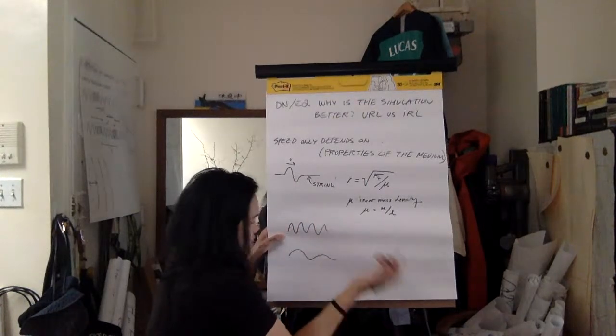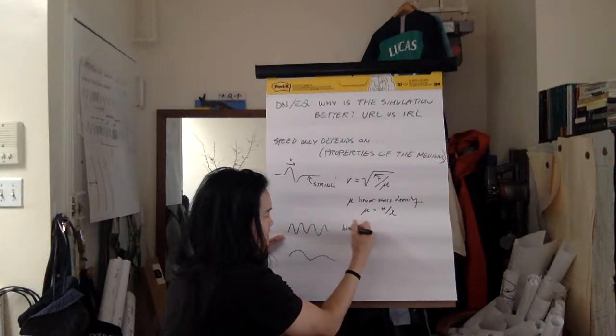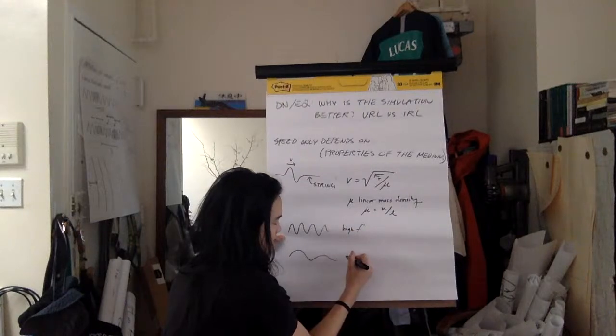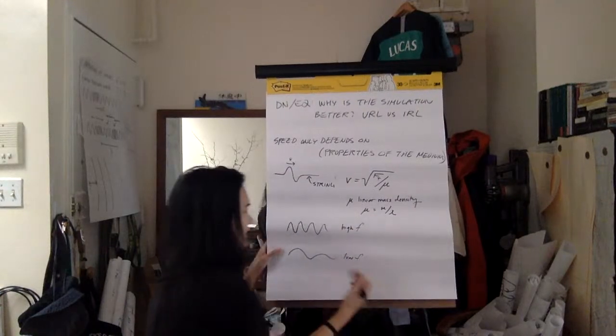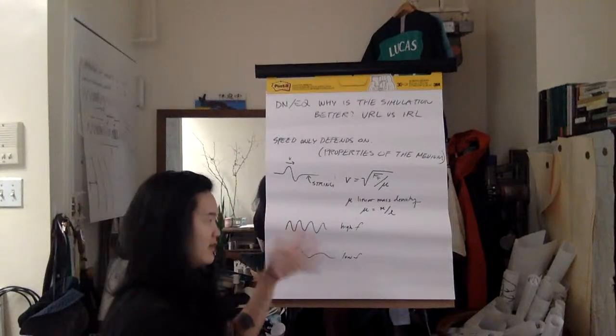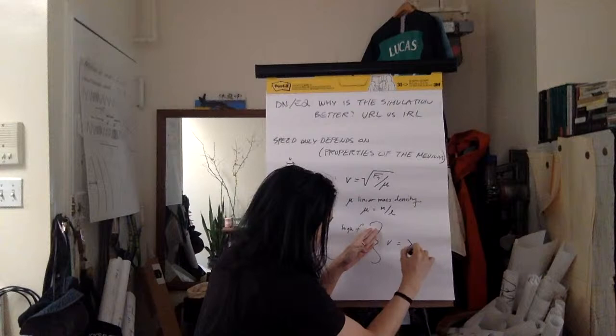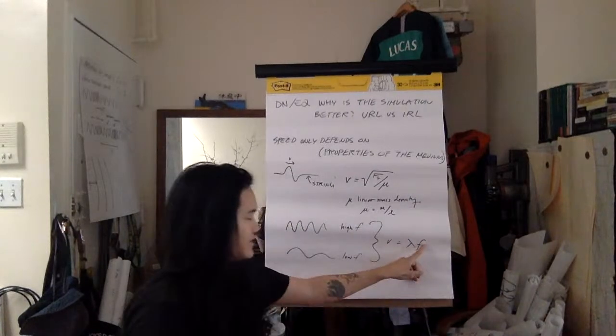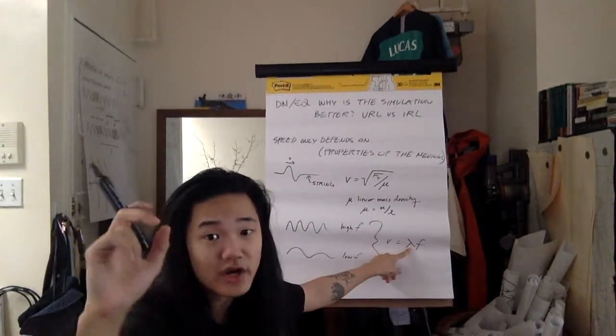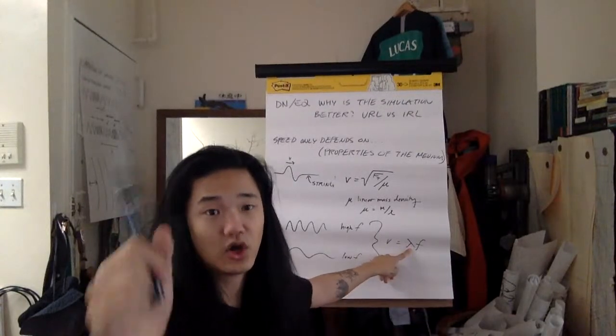So this is a high frequency, this is a low frequency, and I can tell that just by the wavelength. What formula justifies this? Well, v equals lambda times frequency. As frequency goes up, lambda goes down, as long as what?